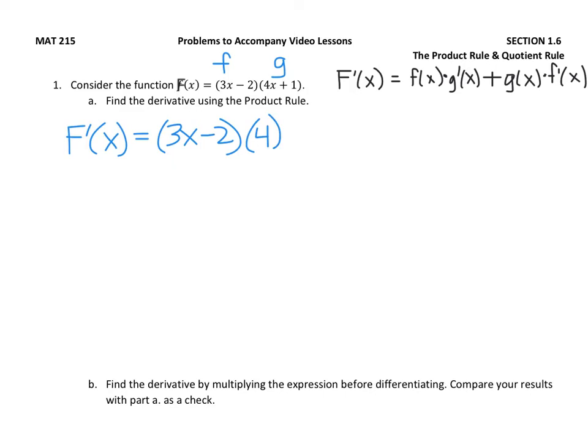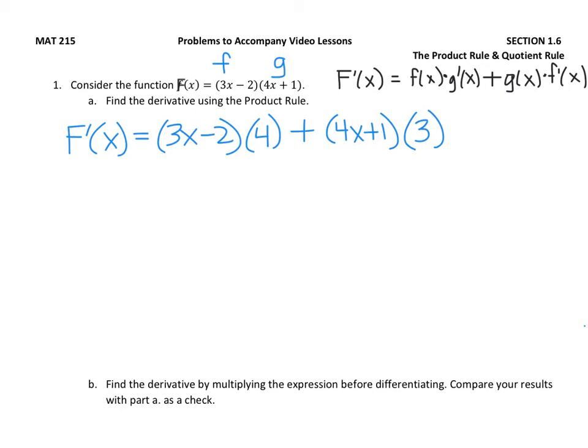So g prime of x is just 4, plus g of x, which is 4x plus 1, times the derivative of f. So the derivative of 3x minus 2: the derivative of 3x is 3, and then the derivative of a minus 2 is a constant, so the derivative is 0.